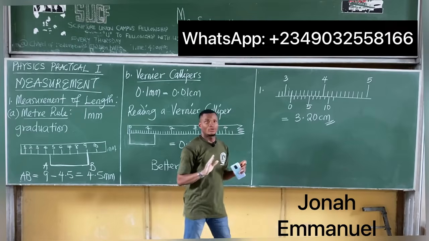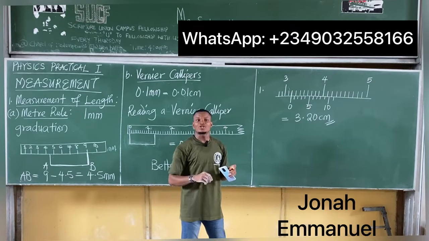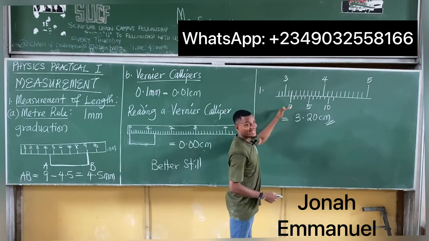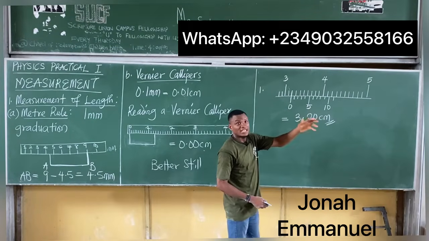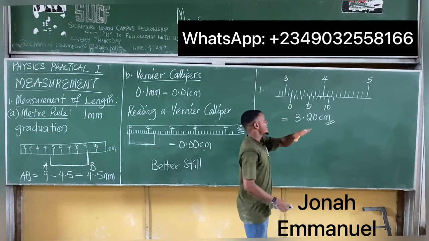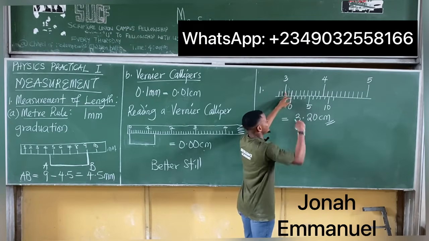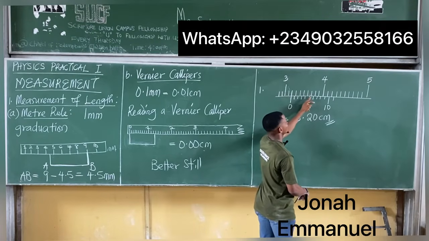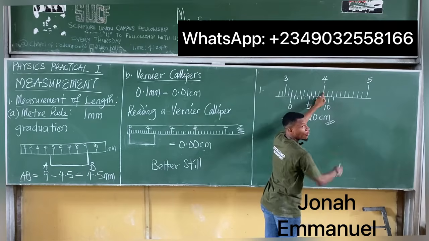That's all. Now look up again. Let me show you something. Look up again, please. Observe the way I'm drawing the main scale from the vernier scale. They're not the same drawing. In the main scale, I'm only focusing on, look at this, 3. This one becomes 1, 2, so 3, 1, 2, 3, 4, 5, 6, 7, 8, 9 to 4.